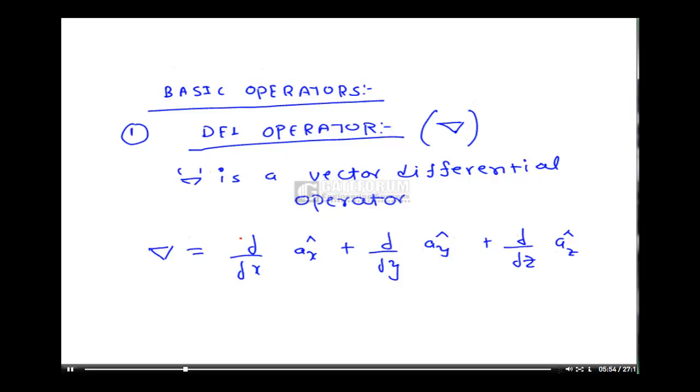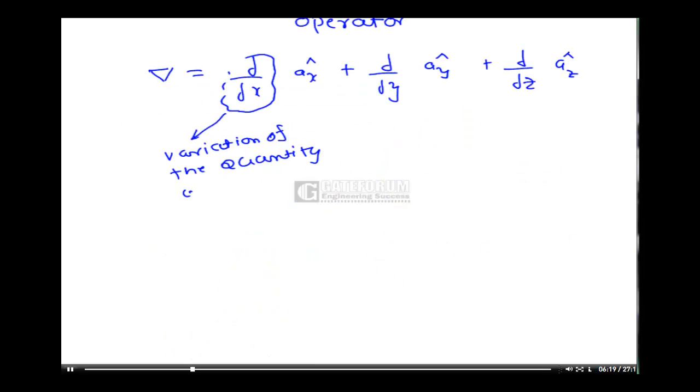If you operate this del on any quantity, it will give the variation of the quantity with respect to space.